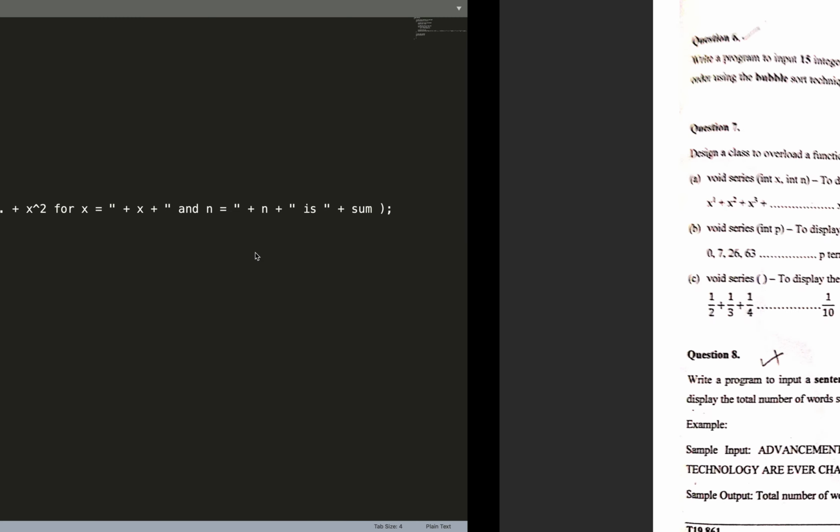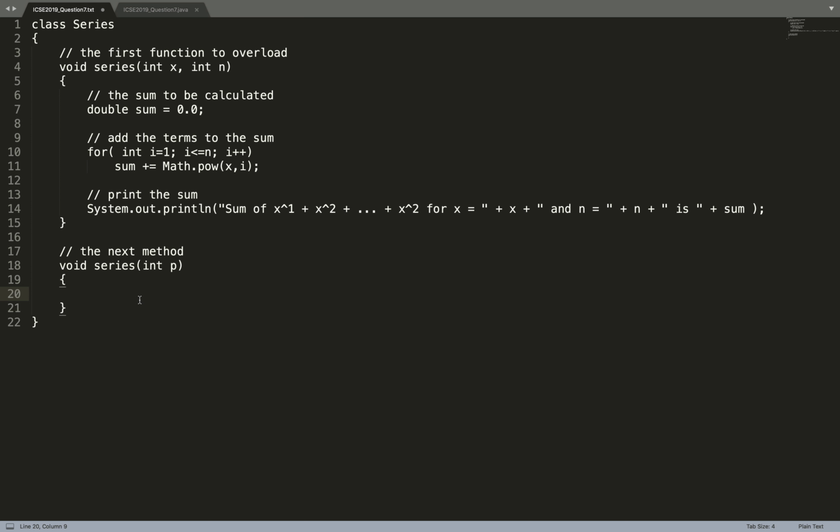Okay, so I'm going to add in this series. For p terms, for i equals to 1, i is less than equal to p, i plus plus.